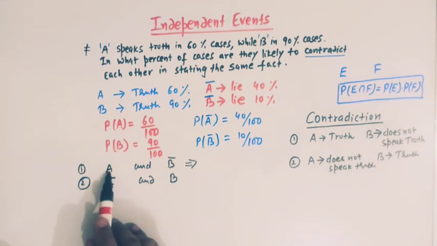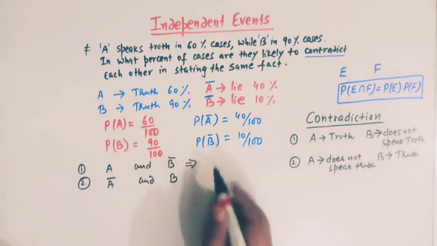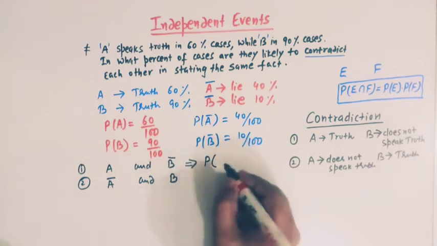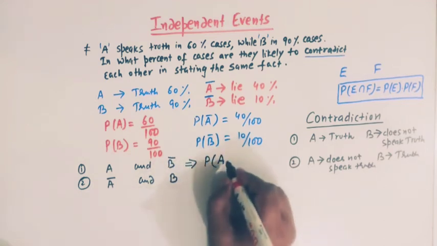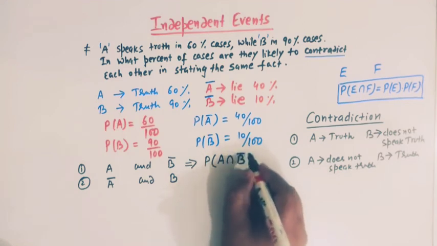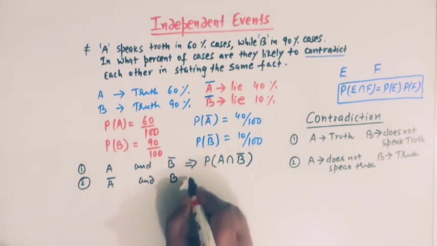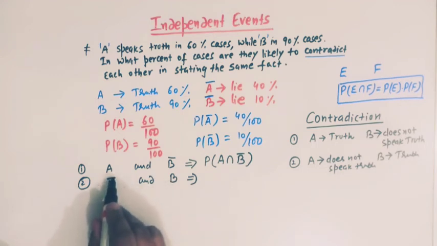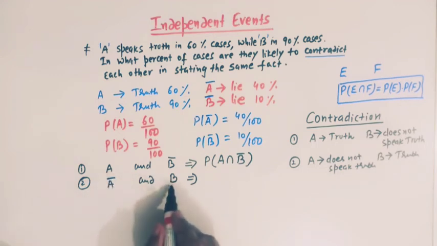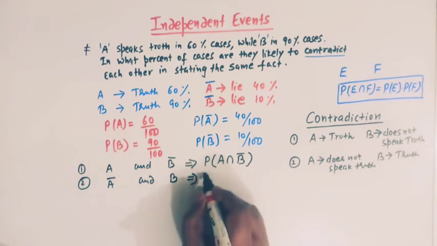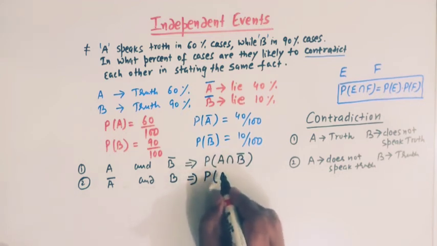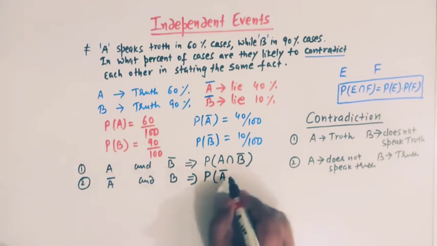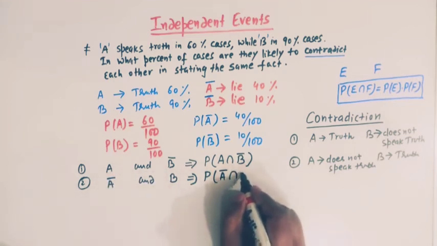A speaks the truth but B does not: P(A intersection B bar). A does not speak the truth but B does: P(A bar intersection B).